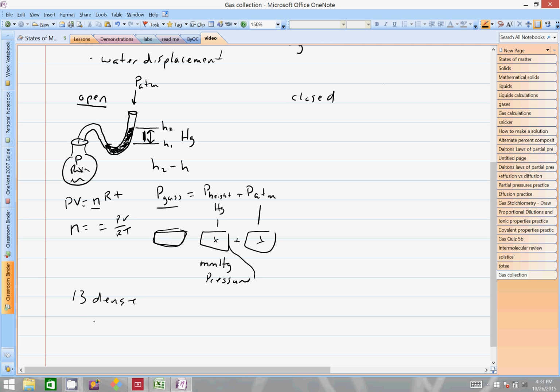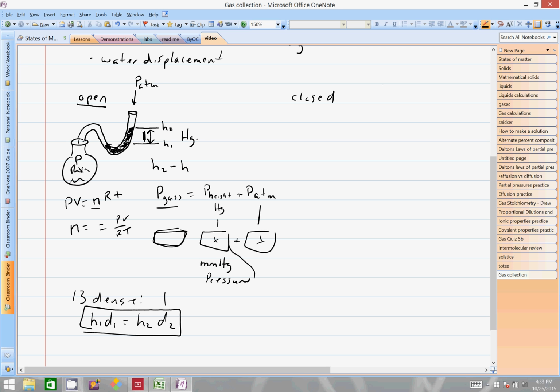This is a reciprocal relationship, and it looks simply like height 1 times density 1 equals height 2 times density 2. This is not a real common calculation on an AP exam, but essentially it's a 13 to 1 relationship between water and mercury.